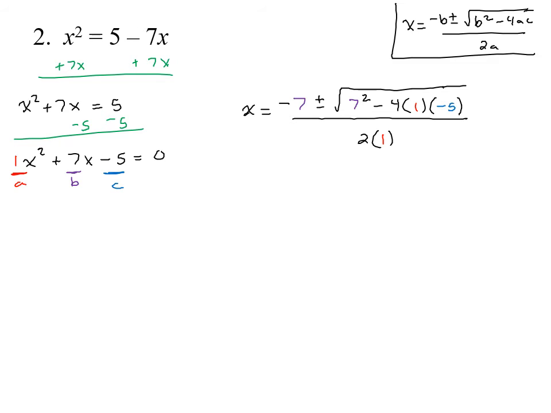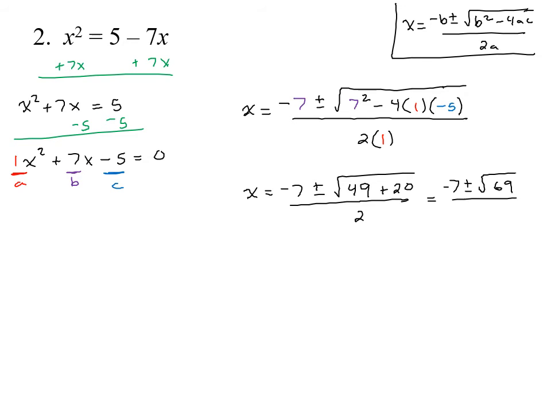And then we simplify it, or at least we hope we can. This is negative 7 plus or minus the square root of 49. And 4 times 5 is 20, so I'll have a 20 here, all over 2. Or that's negative 7 plus or minus the square root of 69 over 2.